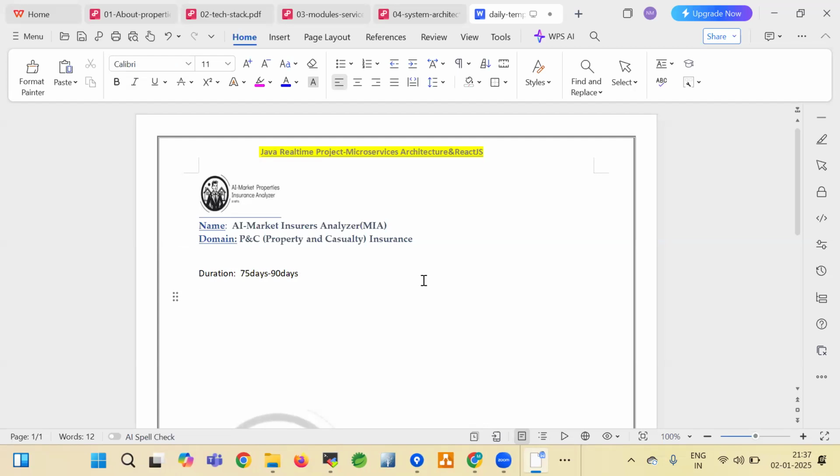The entire duration, let's view it in two parts. One is the backend implementation, and the second one is the front end implementation.